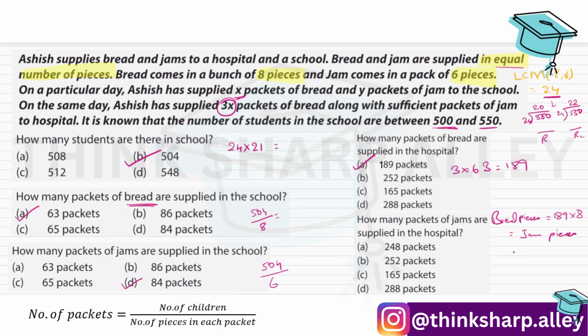Remember, I have already highlighted. So if jam pieces are there, how many packets of jam will be there? So divide by 6 because in one pack there are 6 pieces. So if I need this many pieces, how many packs are required? So I'll divide and find out. So which is equal to 252. Just do the cancellation and you will see. So that's how we solve this question.